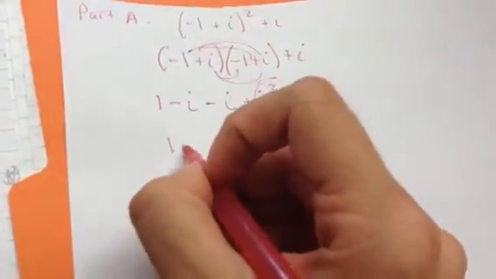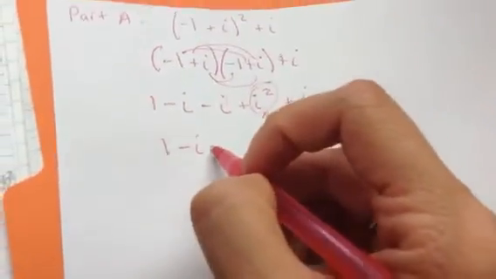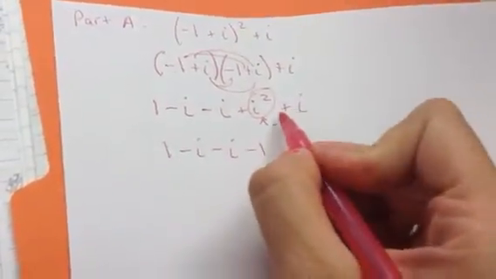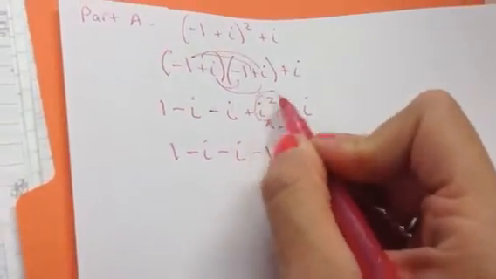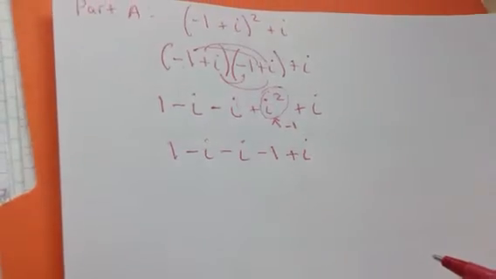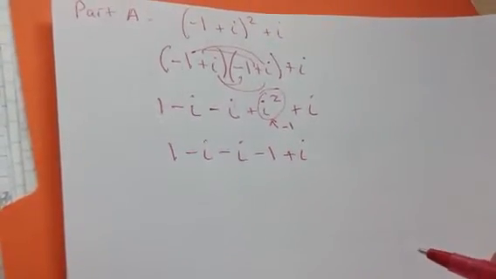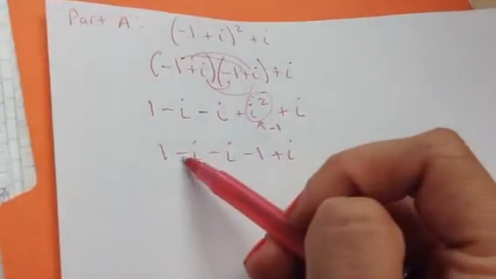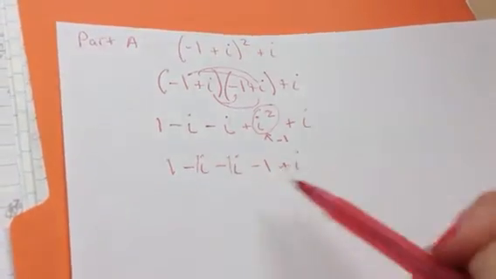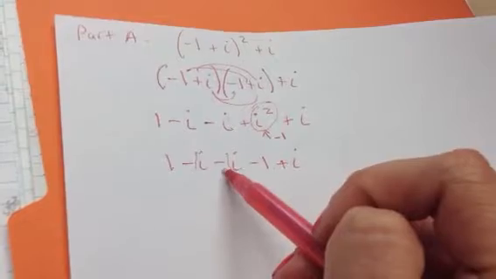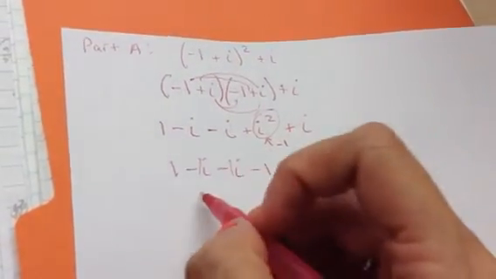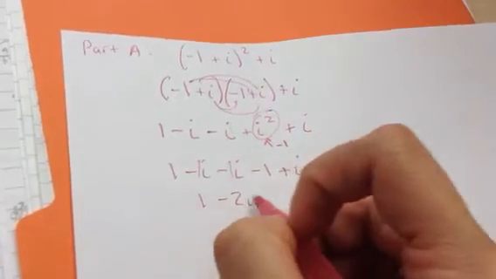So I have 1 minus i minus 1, that whole -1 replaces the i squared, plus i. From here we combine like terms. If I have a negative, I can just imagine this is -1i, -1i. So -1i minus 1i gives me -2i. So 1 minus 2i.